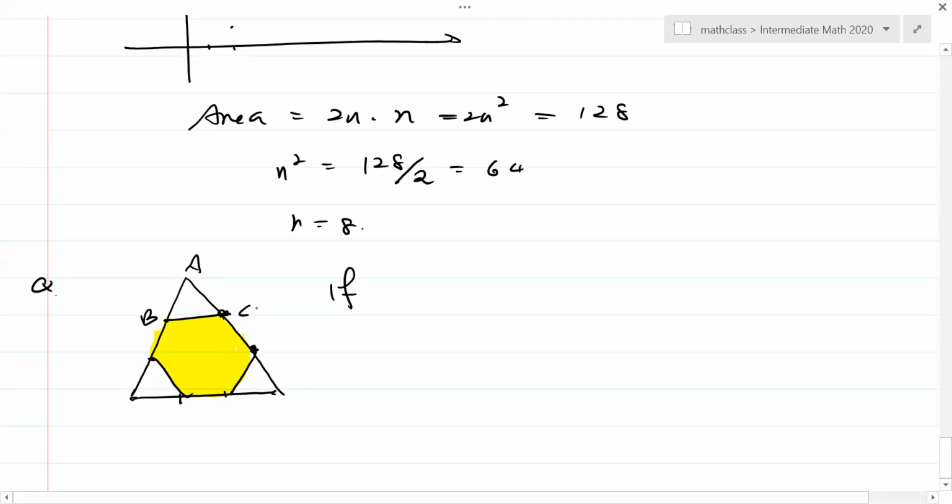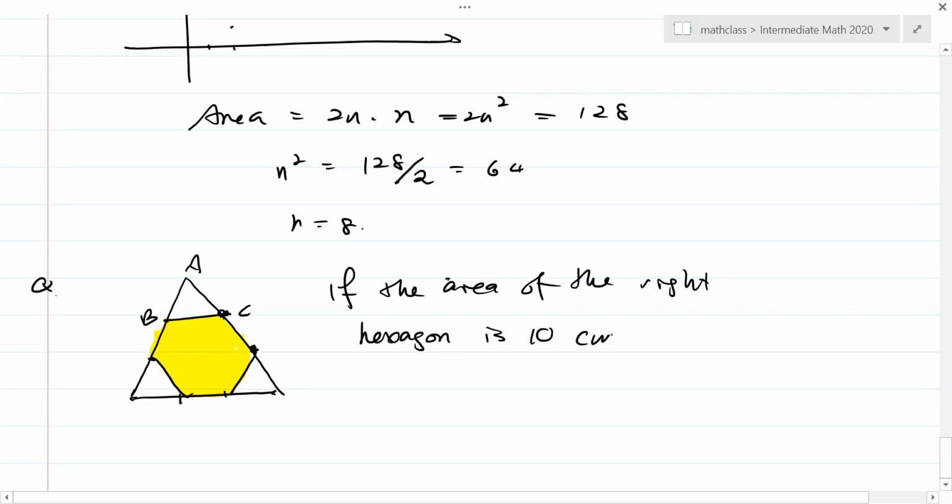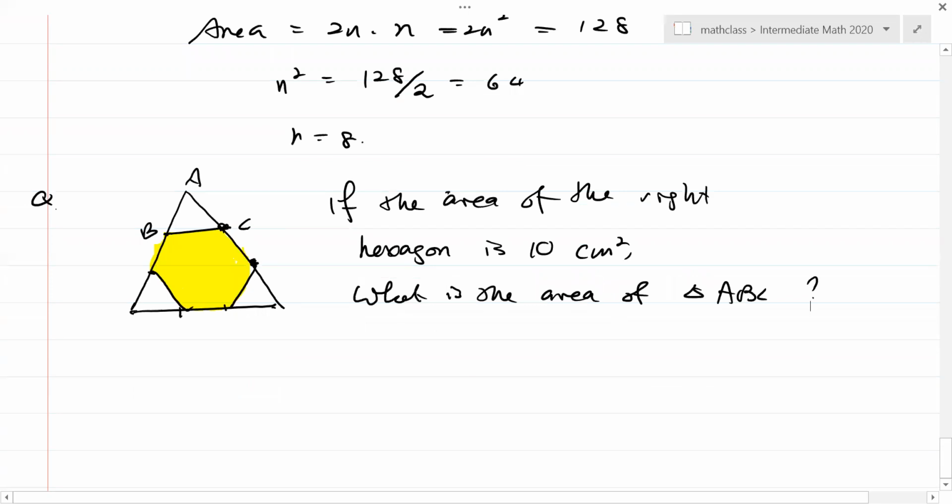Let's use A, B, C. If the area of the regular hexagon is going to be 10 square centimeters, what is the area of the triangle ABC? And this is a regular triangle.